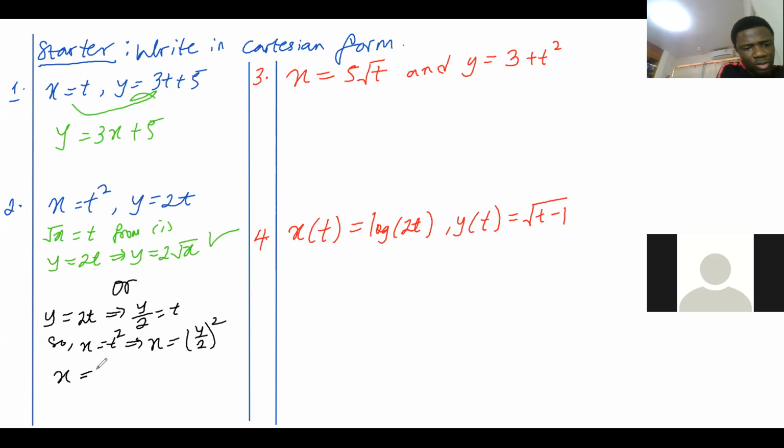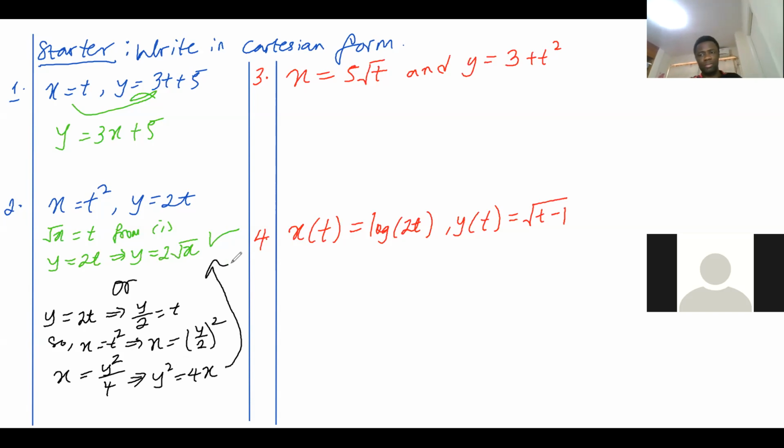So x is equal to y squared divided by 4, which means y squared equals 4x, which is what you get if you square both sides here. Can you see that? Does that make sense? So either way is fine.